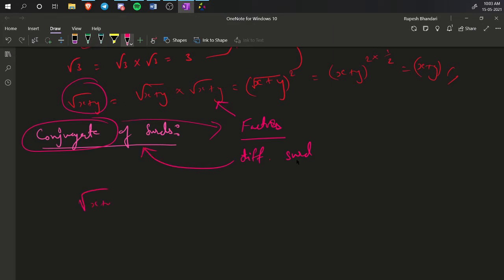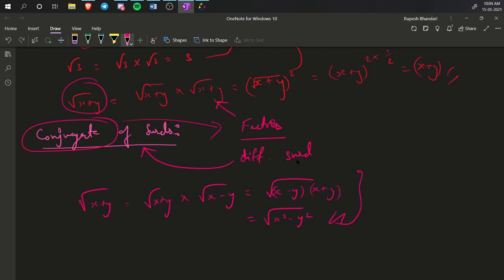An example is under root x plus under root y into under root x minus under root y. What will happen over here? It will be basically under root x square minus y square, right? So this is an example.